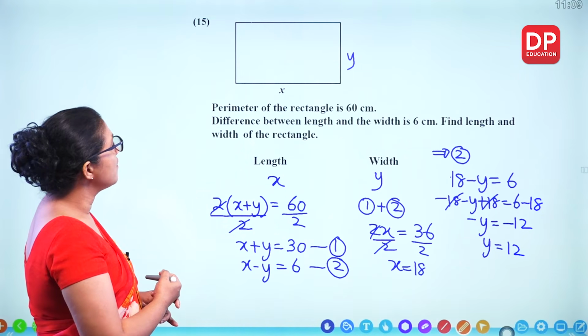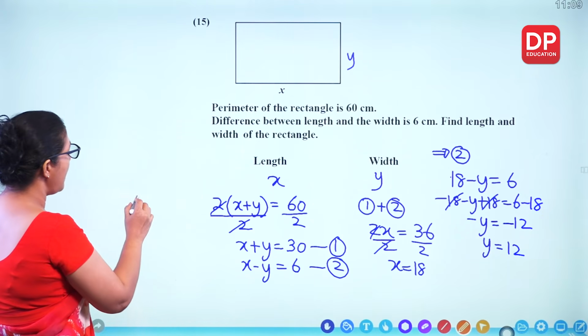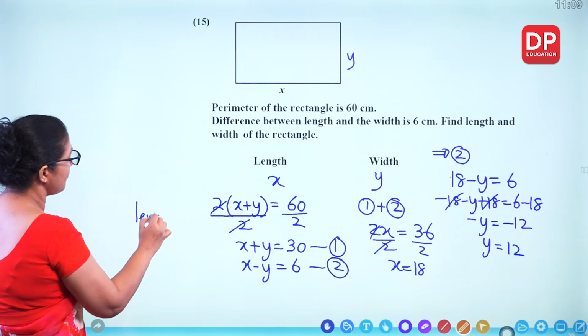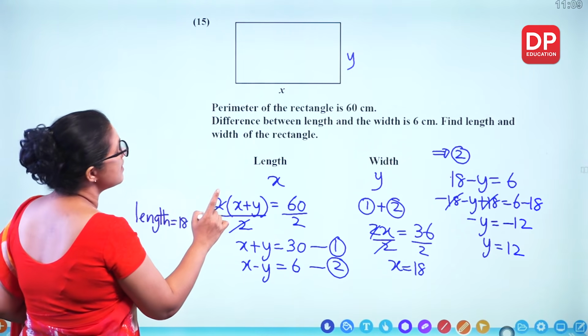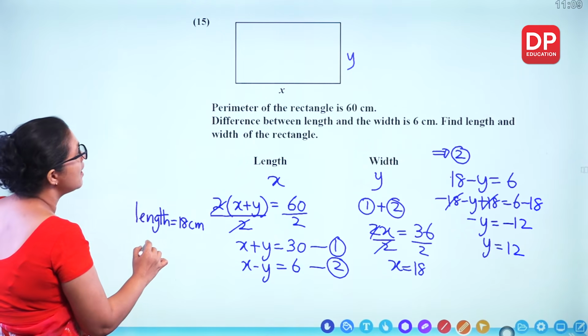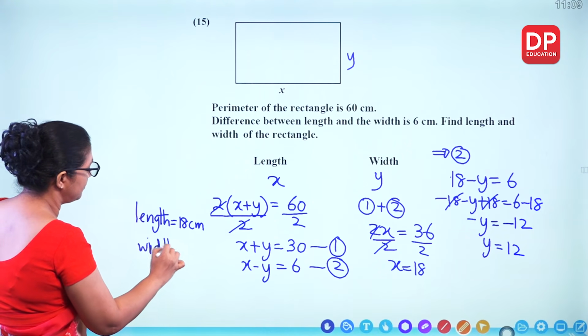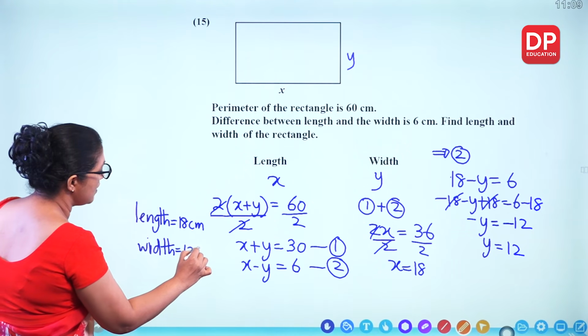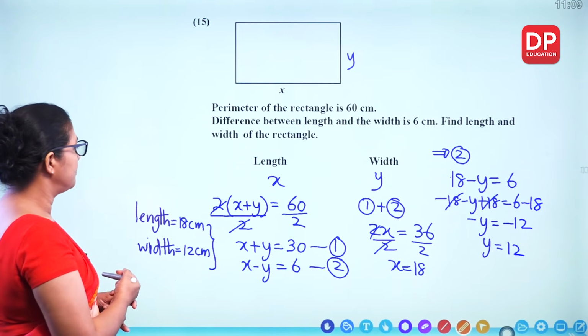So y is 12 and x is 18. So the length is 18 centimeters and the width is 12 centimeters. So these are the two solutions.